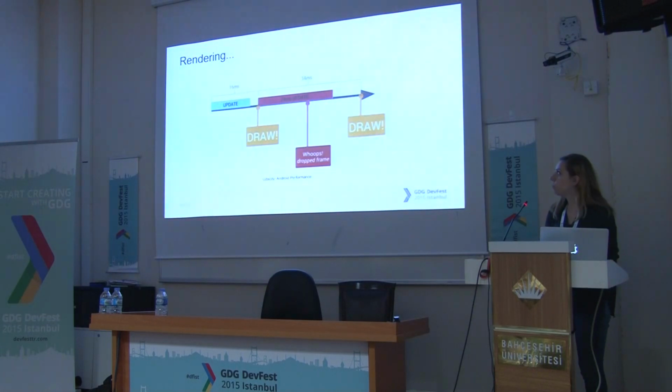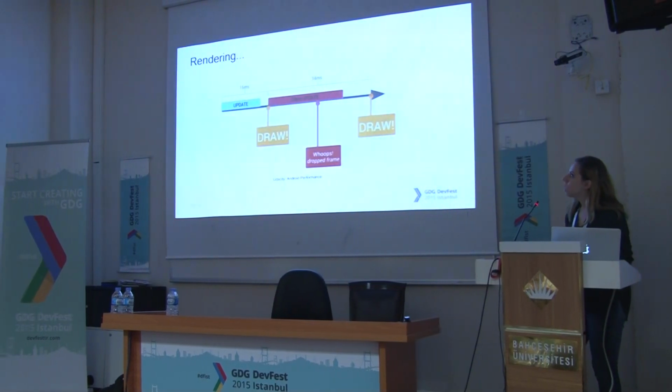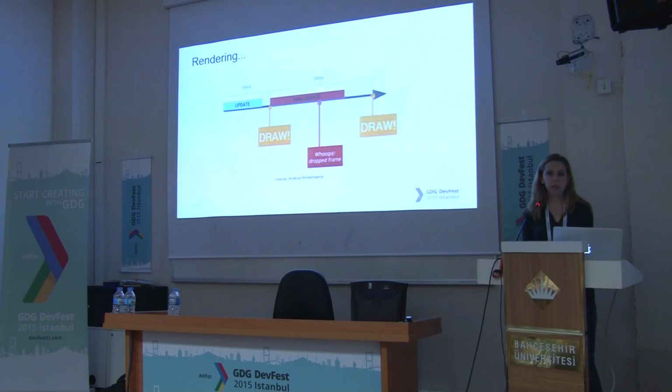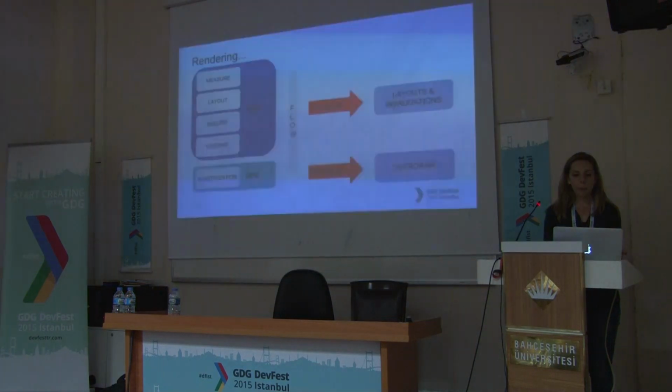It's called a dropped frame. For example, if your work takes 24 milliseconds, then the user couldn't see the update after the 16 millisecond window, and the user could see it after 32 milliseconds. Even if there is one dropped frame, the application won't be so smooth, and if there are lots of dropped frames, then the users will start to complain about your application, actually.